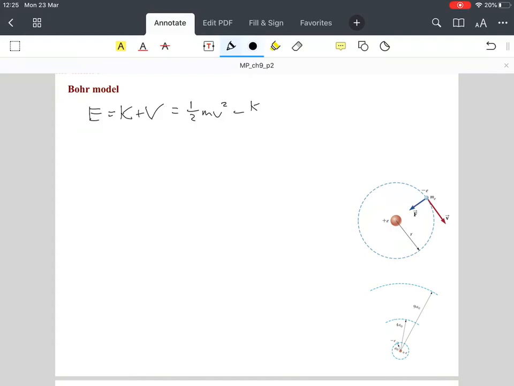You'll remember this from last semester from your electromagnetics: this is some constant Ke times the charge of the electron squared divided by r, where the absolute value of the charge e is the same for the proton and electron, and that's why it's e squared. So we've got two variables, v and r, that we don't know, and we have one equation. So we need another equation.